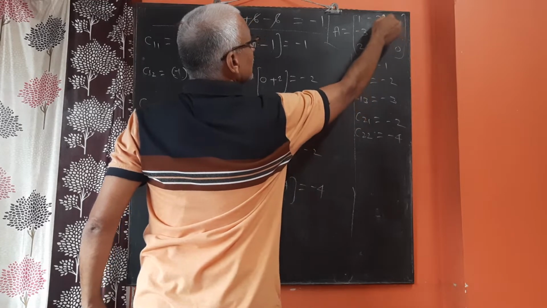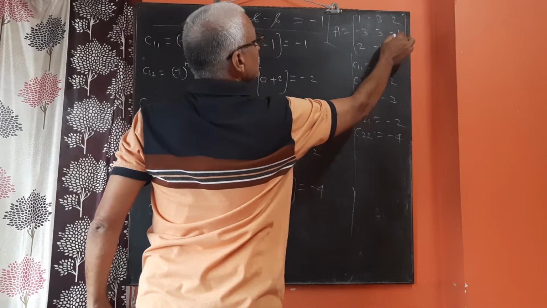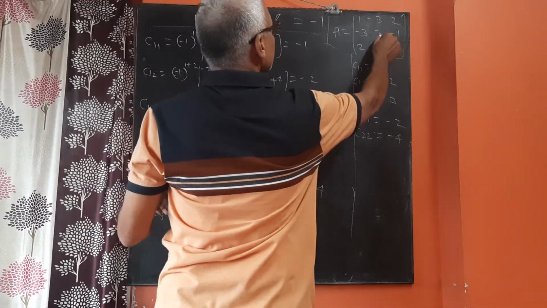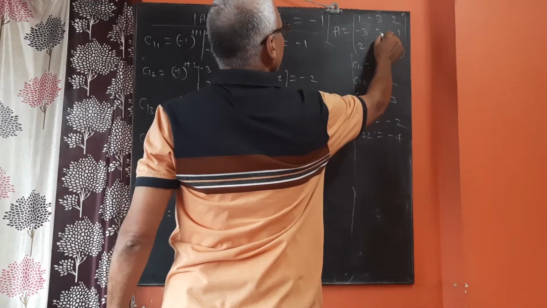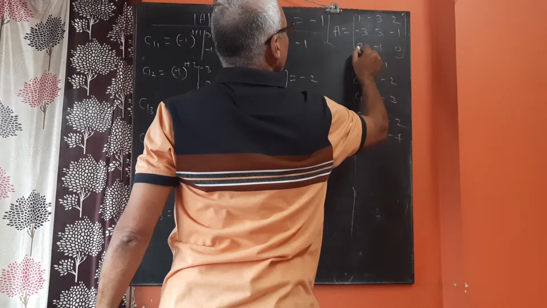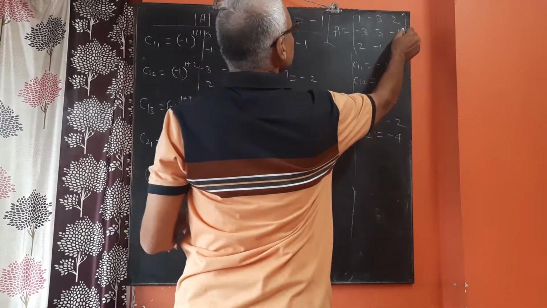This row and this column gone, so 1 2 and 2 0 remains. C23 means this one.